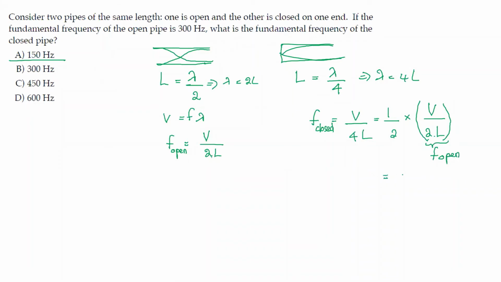That means the frequency of your closed pipe is half of 300, 150 Hertz. So write the two equations and compare. You don't really have to do any of it: if you can see that this is double this value, then you can halve it to get the answer.